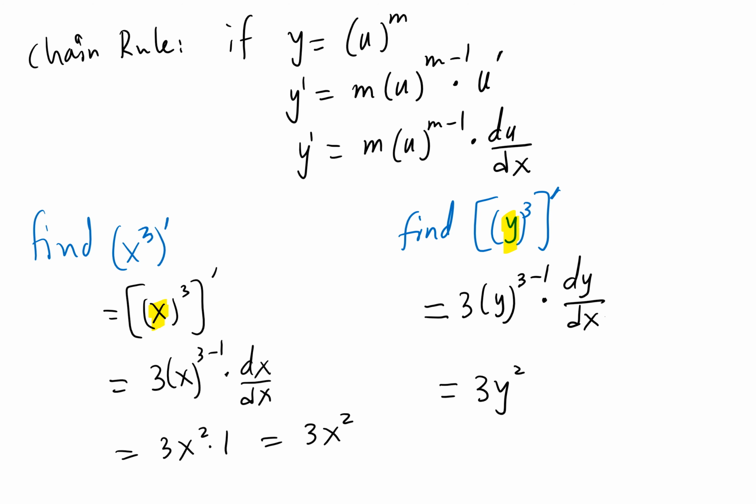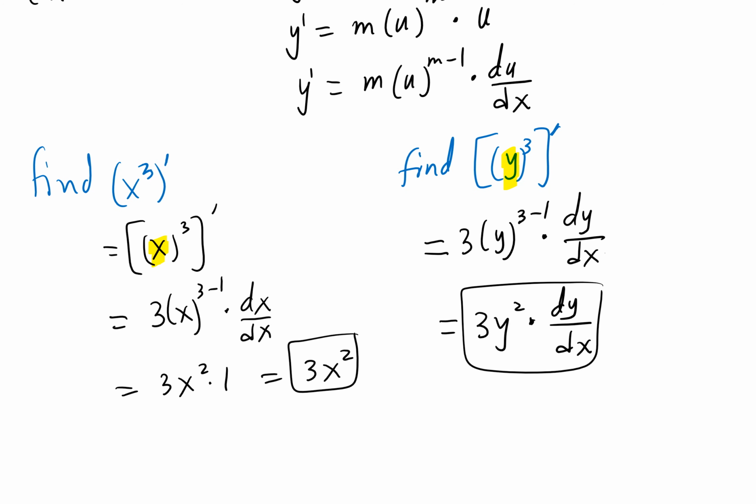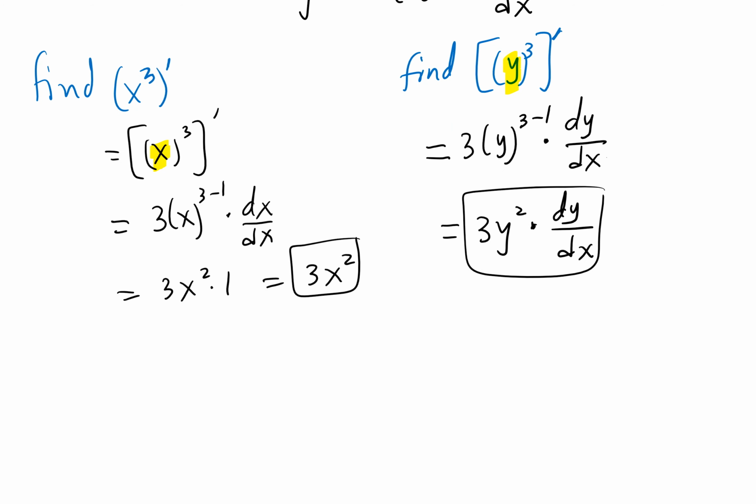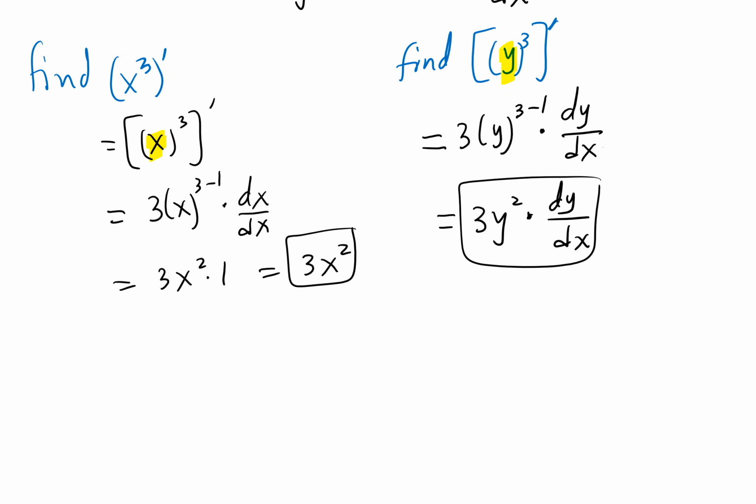That gives us 3y squared dy dx. See, that's the difference. So as a summary, the derivative of x is 1 and the derivative of y is y prime.